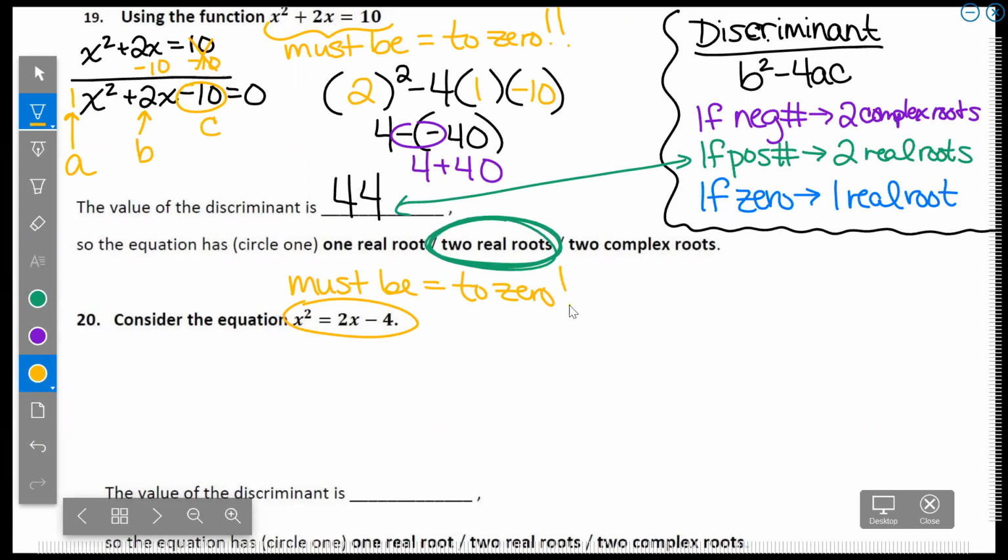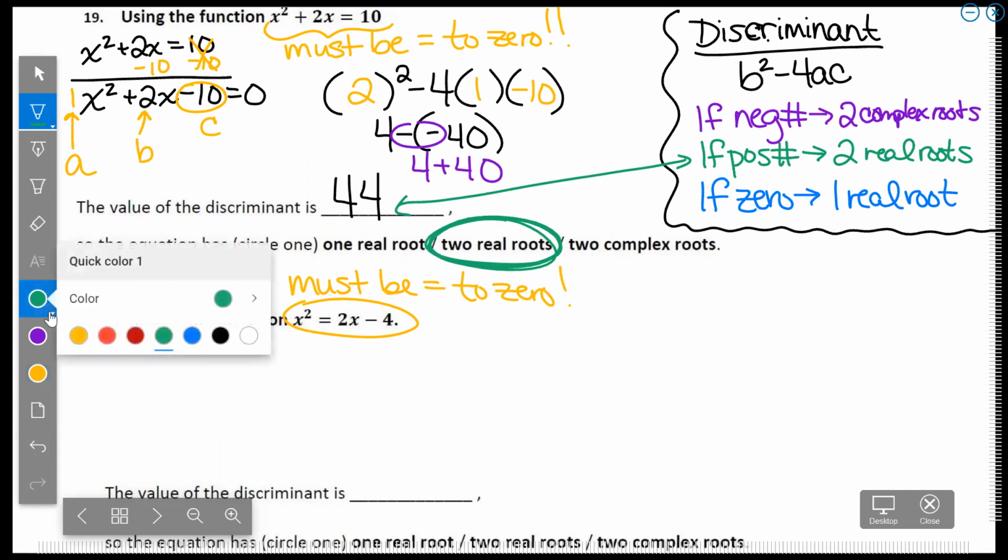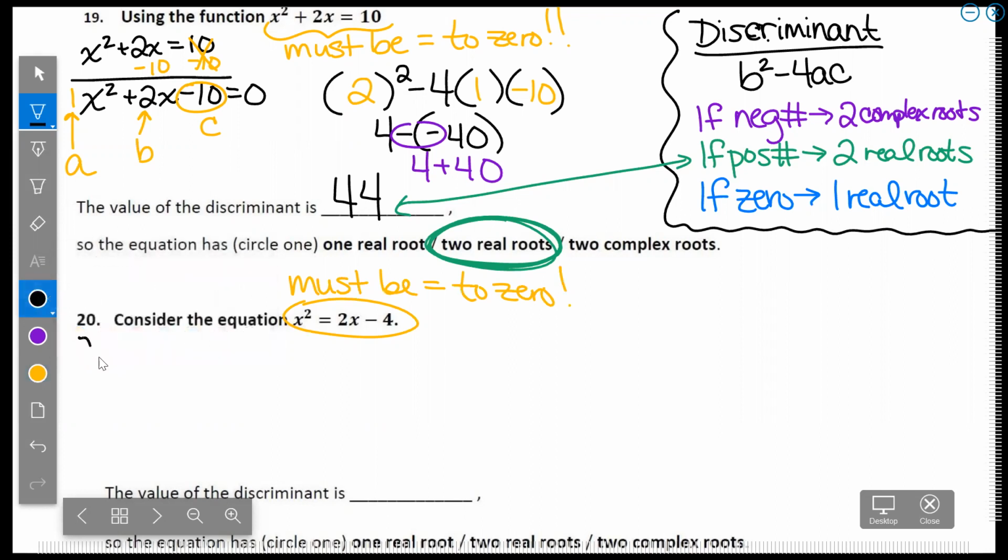I don't ever like it when my x squared is negative, so I'm going to leave that one where it's at. So x squared equals 2x minus 4. If I want it equal to 0, I need to minus 2x from both sides. So x squared minus 2x equals negative 4.